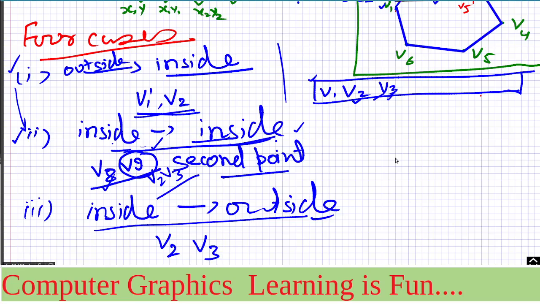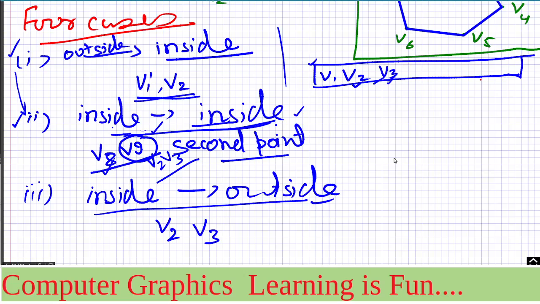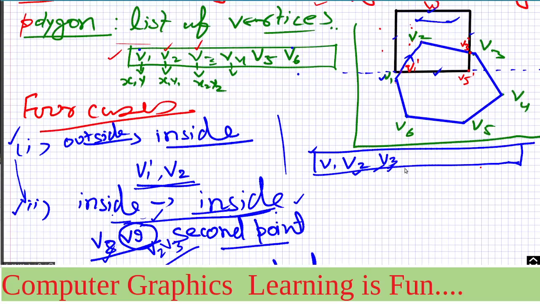Now, the next case we were thinking about is inside to outside. However, V2 V3 is not the case for this, but I believe V3 V4 will be a case of this.